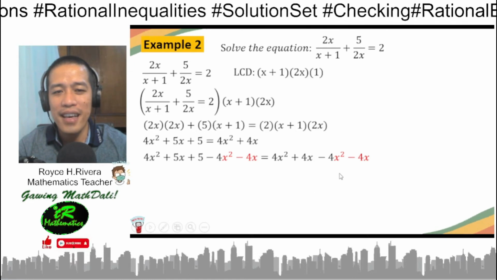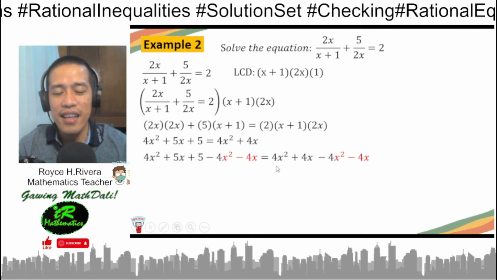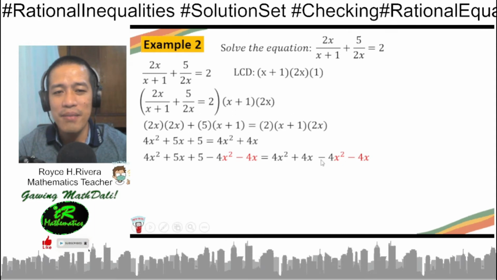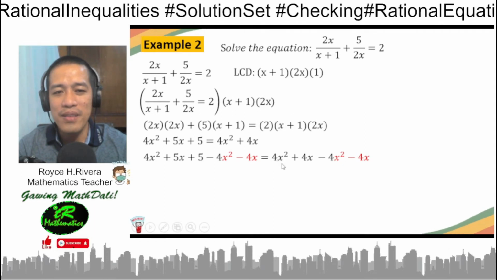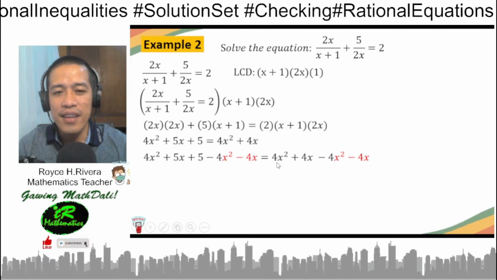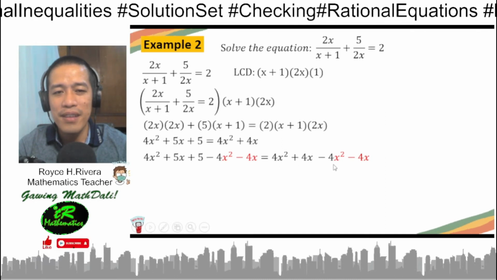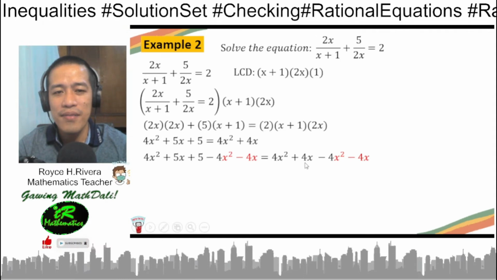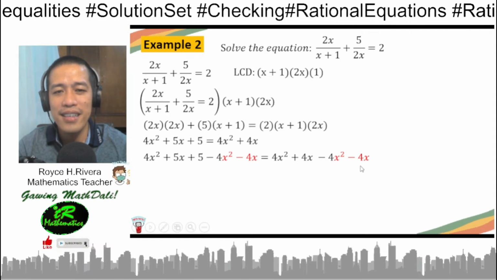Then we combine like terms. The right side of the equation will be equal to 0. 4x squared minus 4x squared is 0. 4x minus 4x is 0.